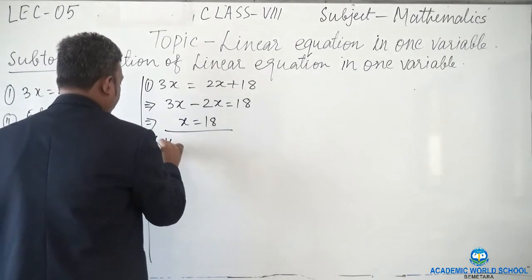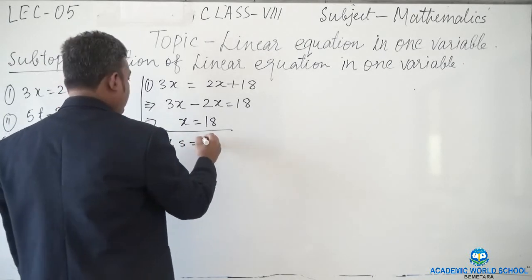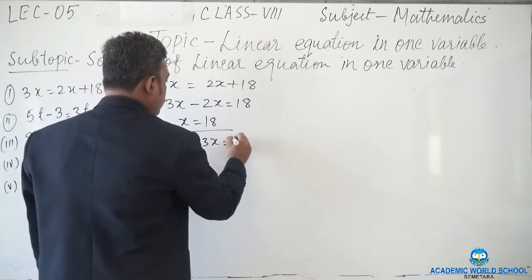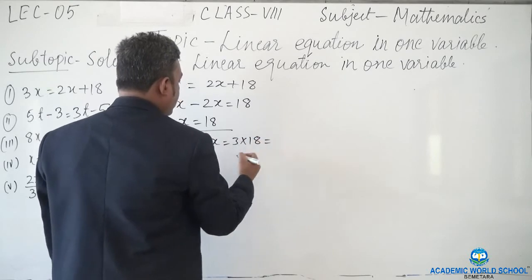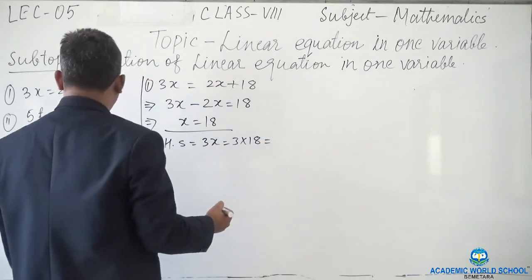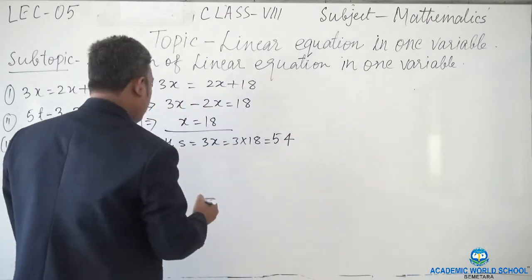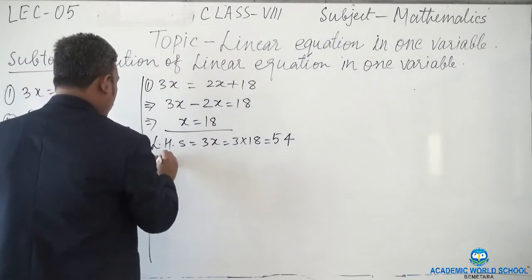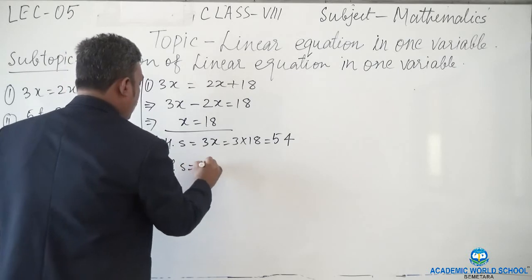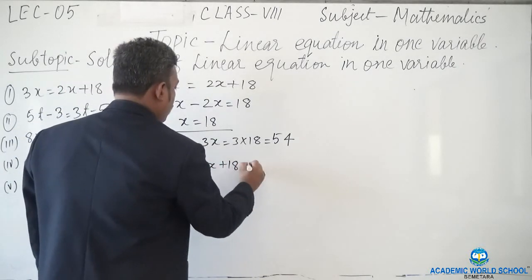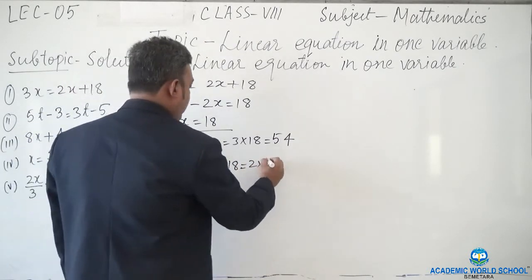Let's take LHS. LHS equal to 3x. So in place of x we'll put 18, right? 3 18s are 54. So LHS is 54. Now we take RHS. RHS is 2x plus 18. So in place of x we will write 18.